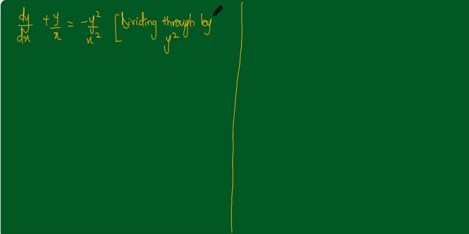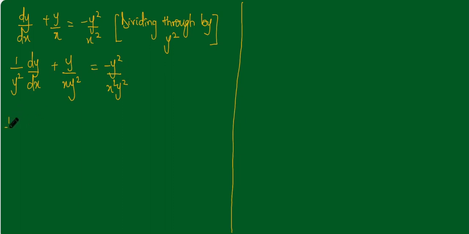So we have dy/dx plus y over x is equal to minus y squared divided by x squared. On dividing all through by y squared, we now have 1 divided by y squared dy/dx plus y divided by x y squared is equal to minus y squared divided by x squared y squared.